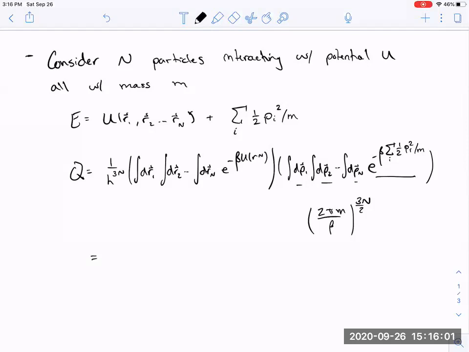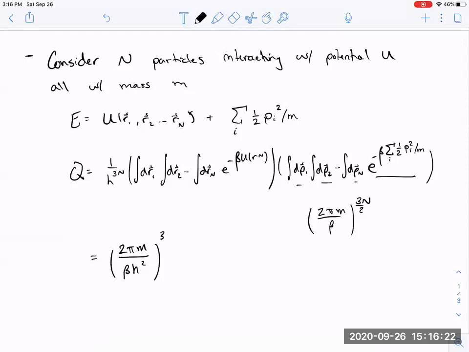So the partition function has a piece due to those momentum degrees of freedom that we've just computed, and that resolution as suggested by quantum mechanics.